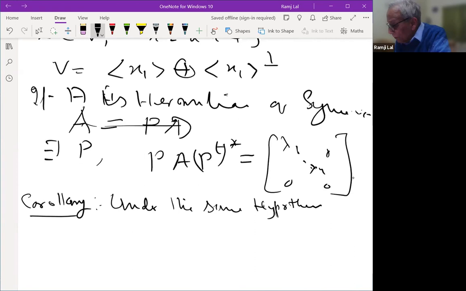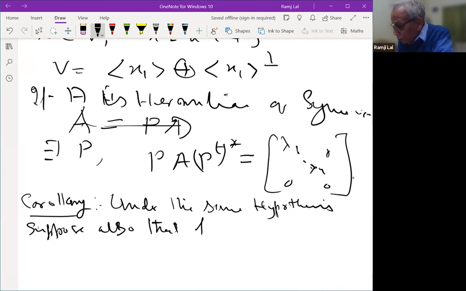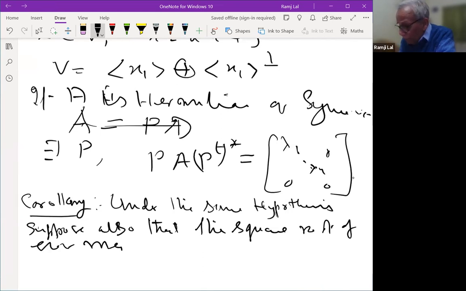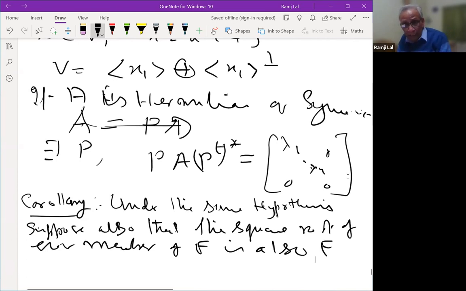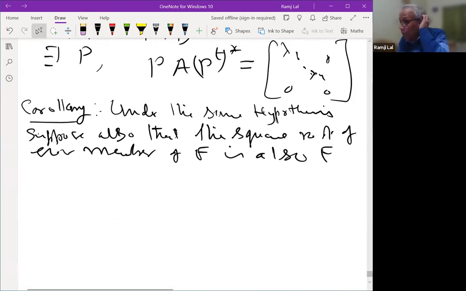Suppose also that the square root of every member of F is also in F, so F is closed under quadratic extension.